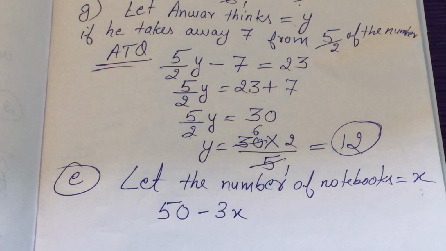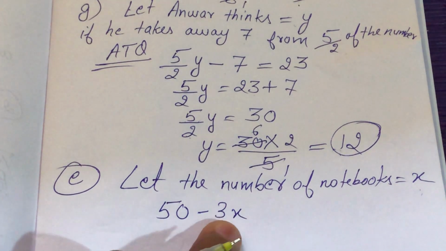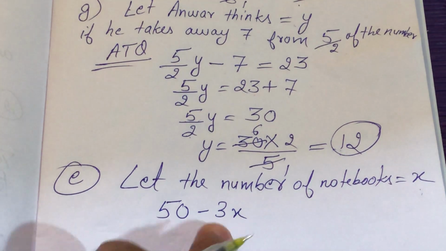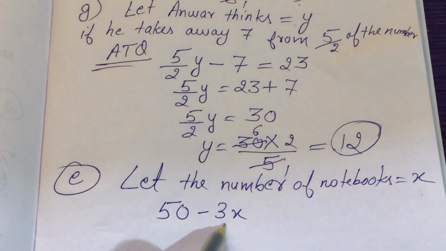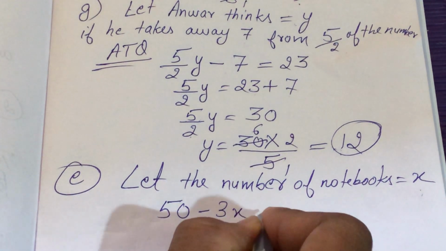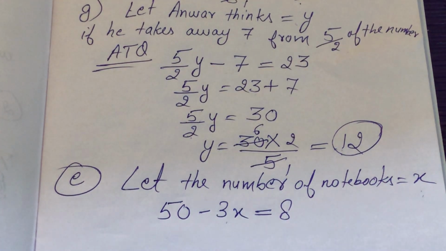You can check in the question what is given. Munna subtracts thrice the number of notebooks he has from 50. Okay, that means 50 minus 3x, and he is getting 8.